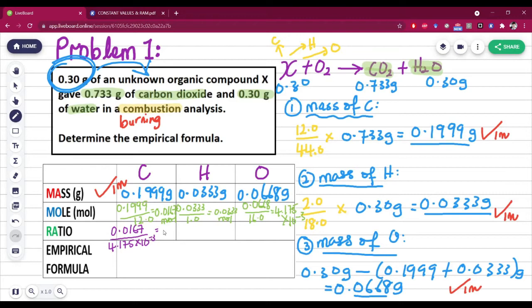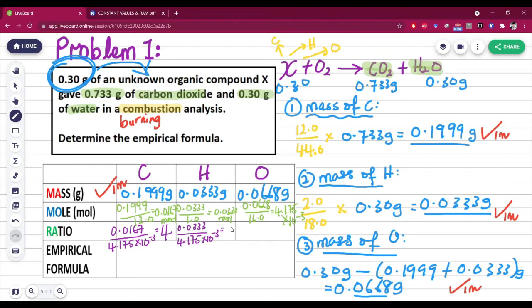That is 4. And then 0.0333 divided by 4.175 times 10 to the power of -3.